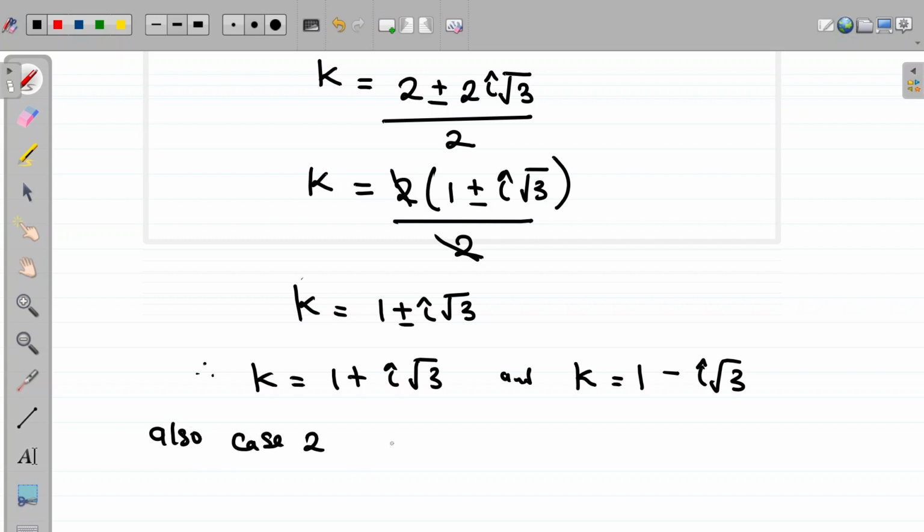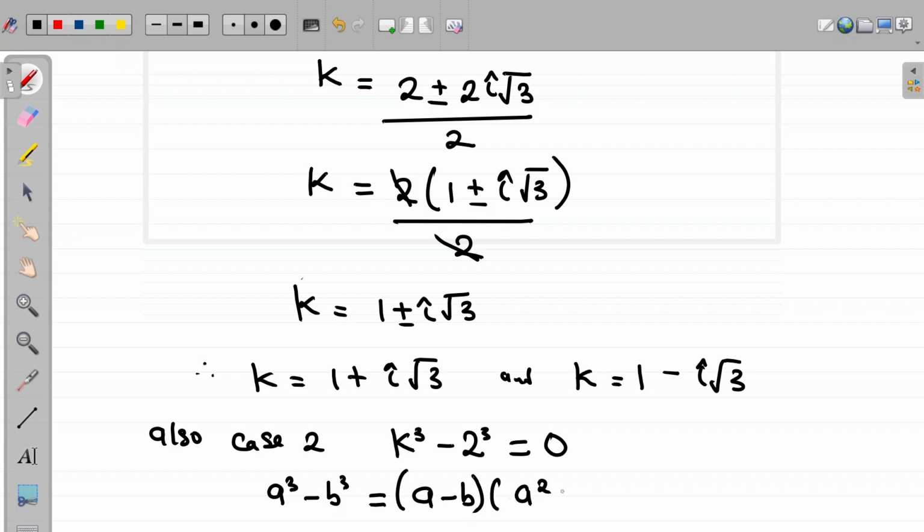Case 2 says that k raised to the power of 3 minus 2 raised to the power of 3 is equal to 0. So a raised to the power of 3 minus b raised to the power of 3 is equal to a minus b multiplied by a squared plus b squared plus ab.